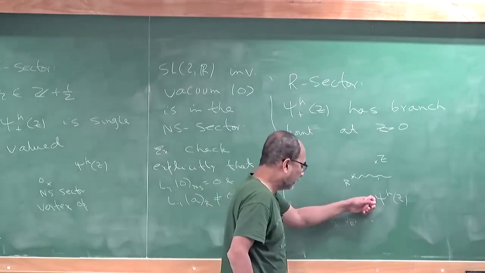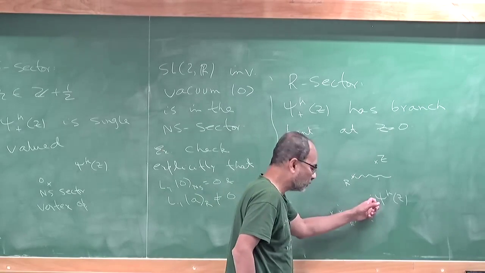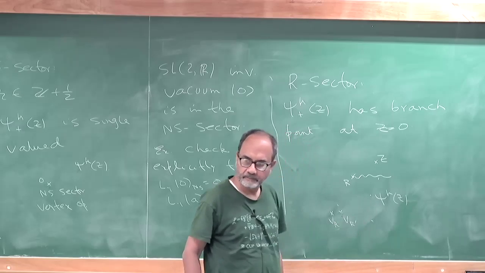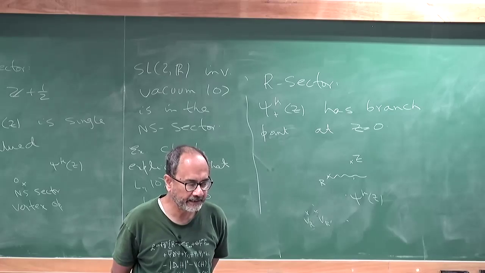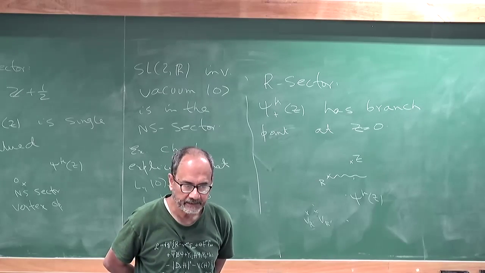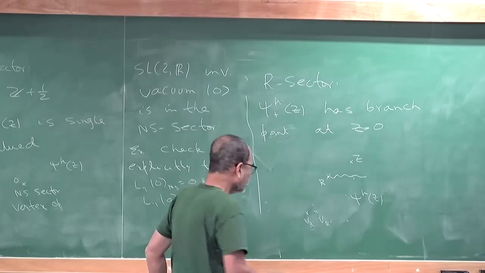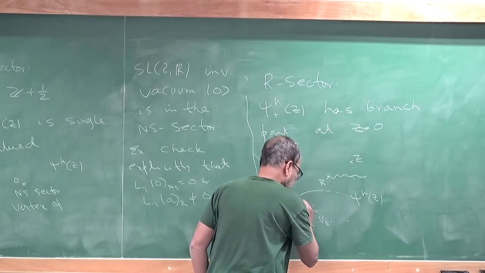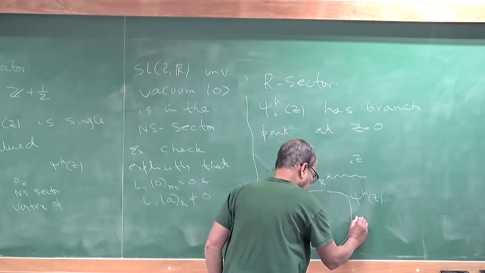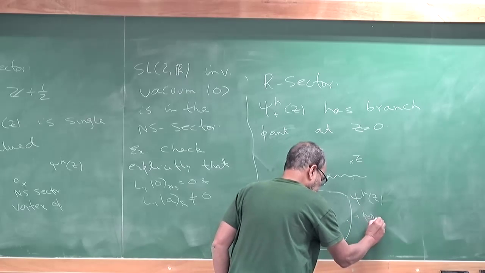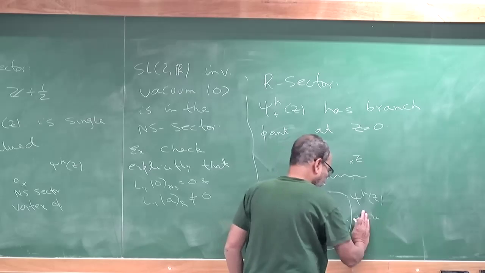But now you see that if we go around these two things together, then there is no branch cut. Right? Then it will not change sign. So along this contour it is periodic, it is single valued.